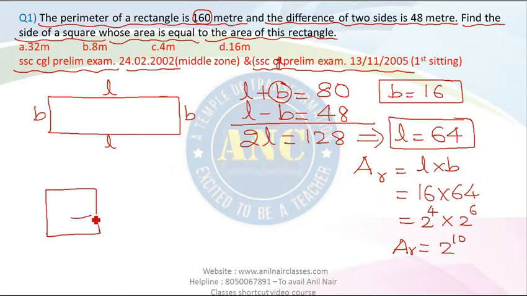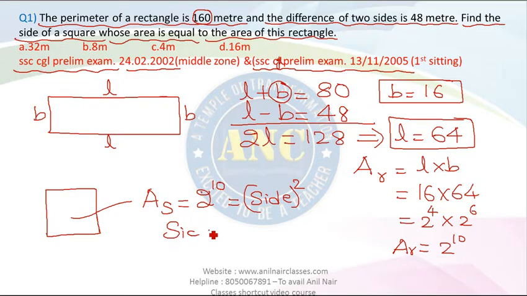It is given in the question that the area of the square is equal to the area of the rectangle. Area of the rectangle is 2 power 10. Area of the square is nothing but side squared. Side squared is 2 power 10, so the side is the square root of 2 power 10, which is 2 power 5, which is 32.